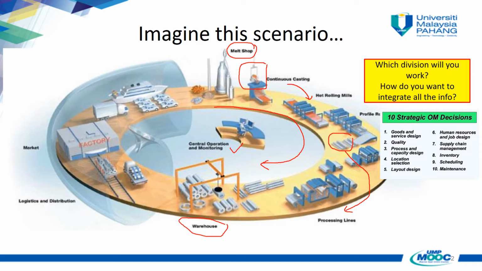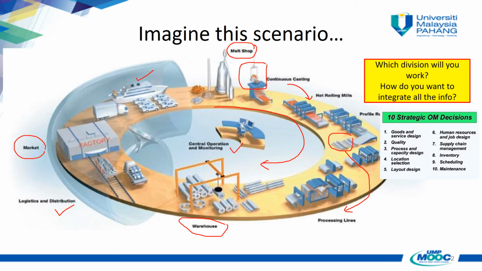After that we will send the product by using the logistics and distribution chain to the market, either by land or by sea. This is up to our logistics and distribution supply chain.